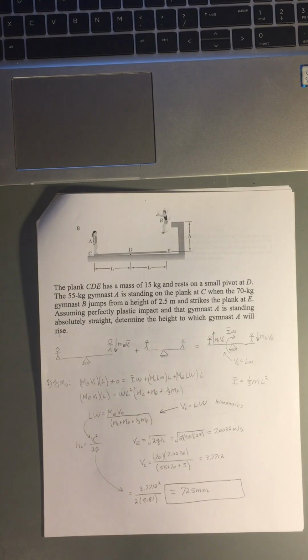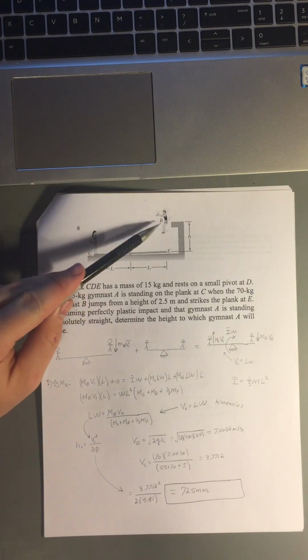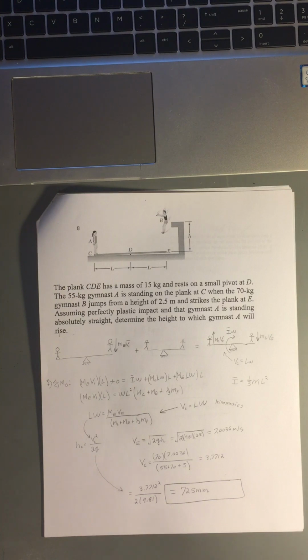And the question wants us to find the height at which this gymnast A will rise to. And we're told the height h of this gymnast when he jumps. We're also told the mass of both gymnasts here and the mass of this plank.